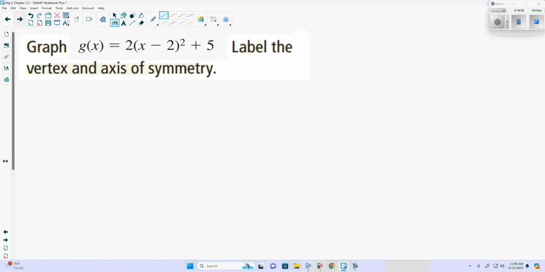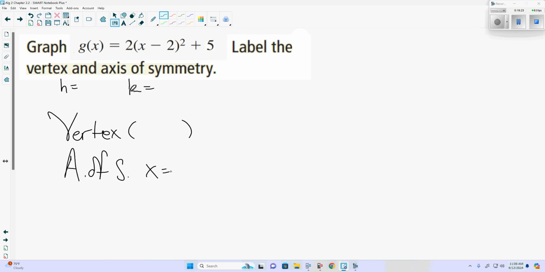Let's look at the next one. So we need the h and k, so x minus 2 tells us the h value is +2.